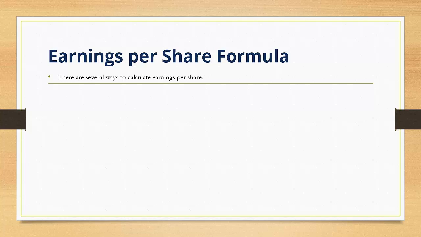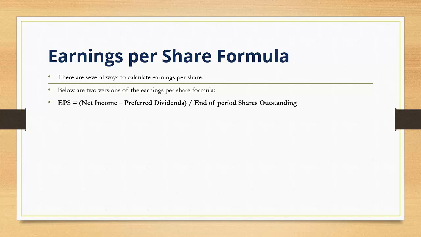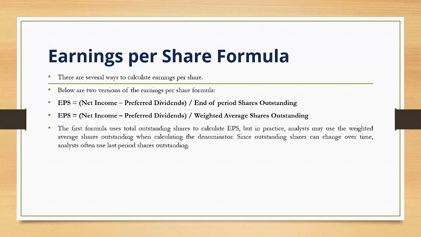We have several ways to calculate earning per share. So below are two versions of the earning per share formula. Earning per share is equal to net income minus preferred dividends divided by end of period shares outstanding. And the next formula is net income minus preferred dividends divided by weighted average shares outstanding.